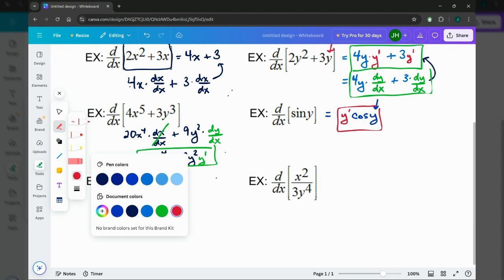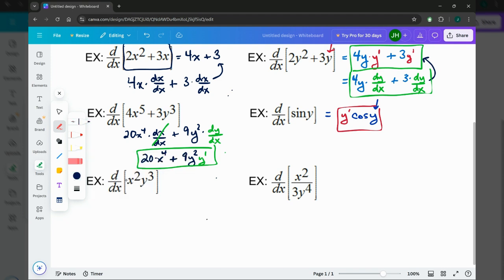Now let's throw a little bit more in here. What if I gave you a product, x squared times y cubed? Well, we're going to do the same thing we always did with product rule. I'm going to take the derivative of x squared, which is 2x, and technically I'm supposed to multiply by the derivative of x with respect to x. And then that's supposed to be multiplied by the second part, which is y cubed. Product rule is plus.